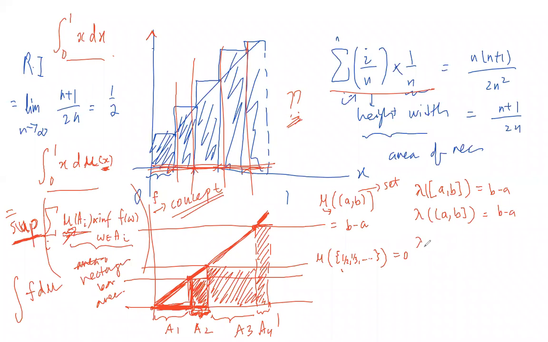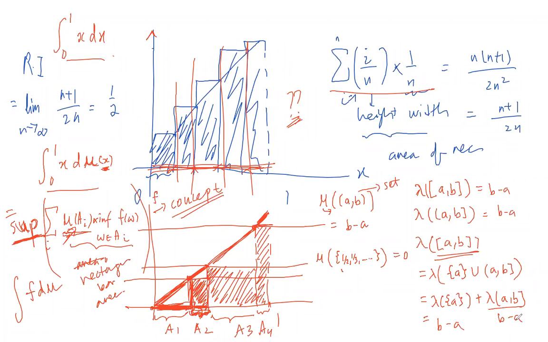So you see your interval AB is basically the singleton A union the half open set. Since this is disjoint, you can write it like this. And since this is completely closed, it's definitely B minus A. So this is again B minus A, and therefore you show that the Lebesgue measure of a singleton is actually 0.